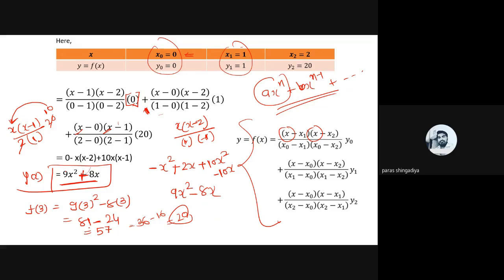So obviously it is an incorrect answer. Why is it incorrect? I will use this point to verify this equation. Let us use x 0, 0, that will be correct, you will get the answer 0. But use another one, that is 1 and 1. Replace x equal to 1, so here we get 9 plus 8, which is equal to 17, and it does not match this point. Clear? So you can also verify whether this equation is correct or not by using the verification cycle.